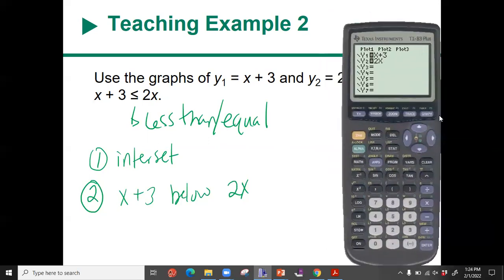Are you with me? And then I'm going to hit graph. The first thing it says I need to find is their intersection, right? So I'm going to find where they intersect. So second, trace, intersect. And they intersect at 3.